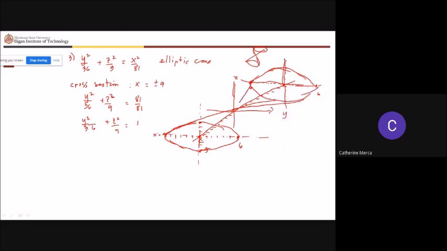This one should pass through here. Sorry, the paper is not very visible. The eraser is not working well. There, good. So, back to the pen. I hope you can see the sketch.